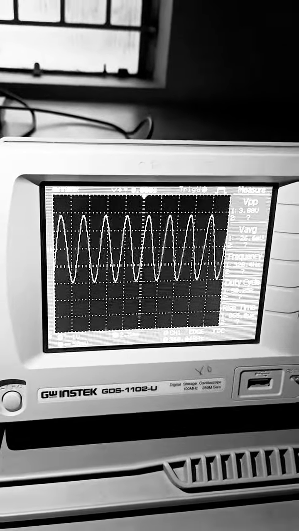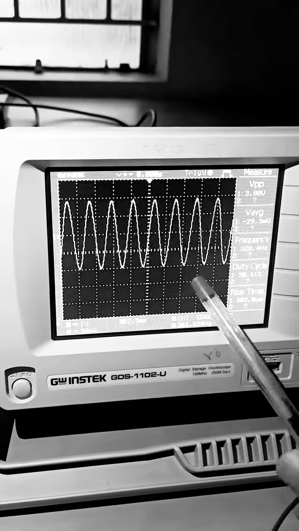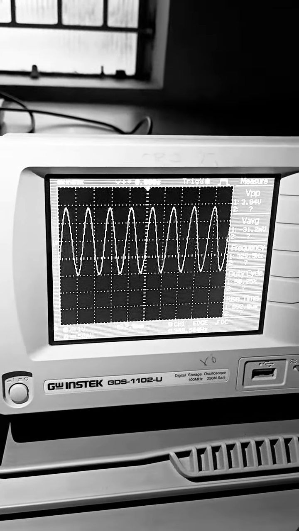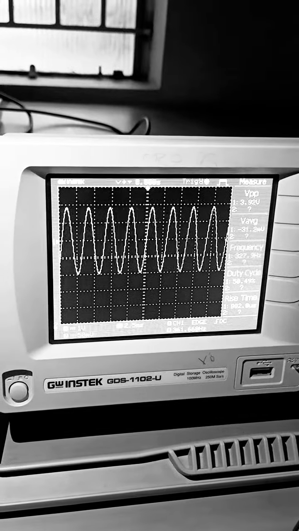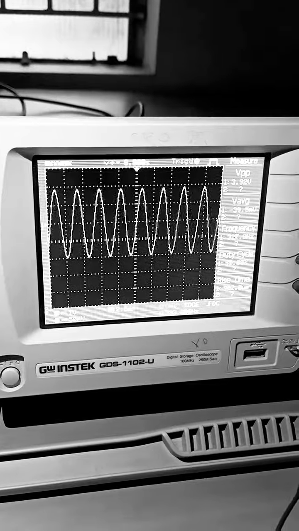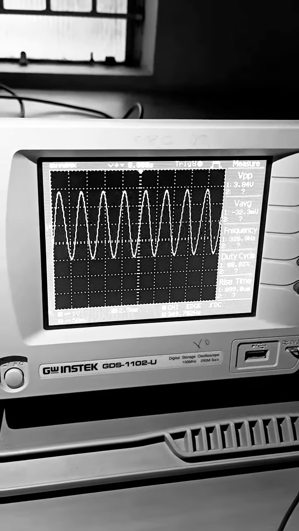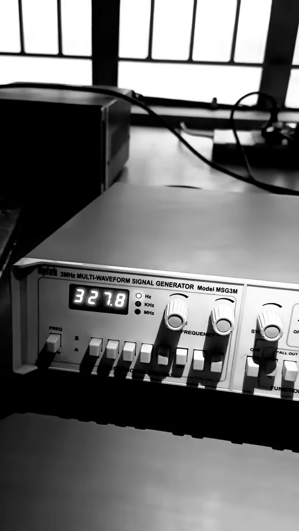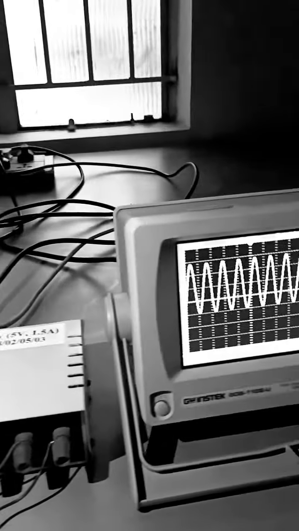If you are using a CRO, you just check your volts per division, and according to that you calculate the voltage value at the output. Now the procedure is, I'll go on increasing the frequency on the signal generator from 300 Hz to around 1 megahertz, and I'll verify the output voltage.